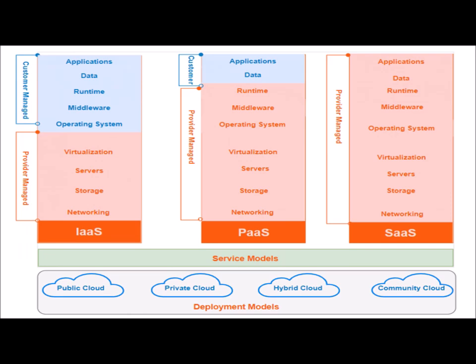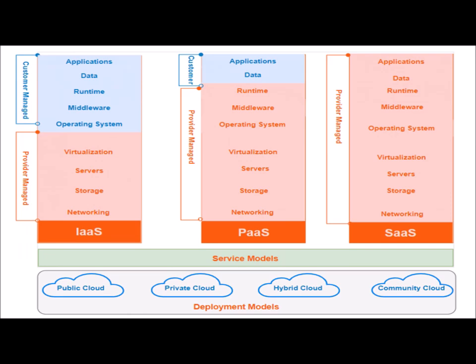The first one, infrastructure as a service, where the networking, storage, server, and virtualization are controlled by the service provider, and the remaining are controlled by customers, like application, data, runtime, middleware, operating system. So infrastructure is provided, so the customer can use and execute it. And the second one is platform as a service.